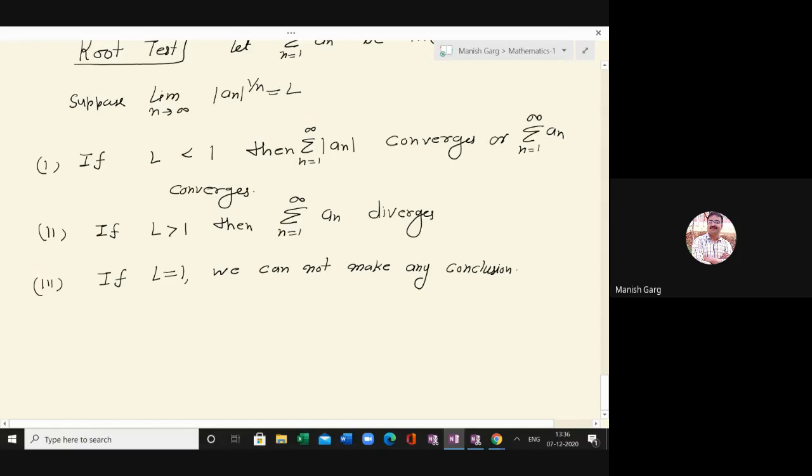The importance of the root test: whenever in an infinite series a(n) is given as some power of n, it is always better to apply the root test. For example, suppose this is the given series, n equals 1 to infinity.